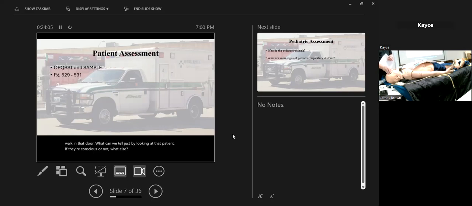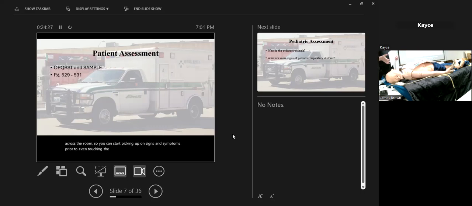Color. What position they're in. So if they're tripoding, can you hear breath sounds without a stethoscope? Yeah, if they're audibly wheezing, you can hear that from across the room. So you can start picking up on signs and symptoms prior to even touching the patient. The minute you walk in that door.